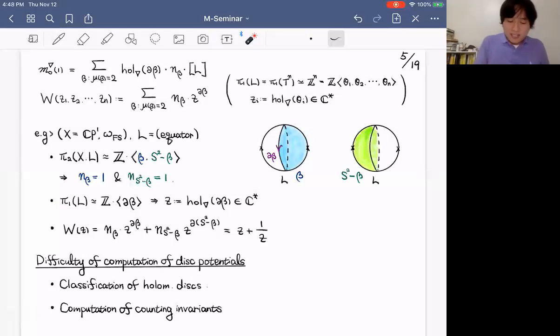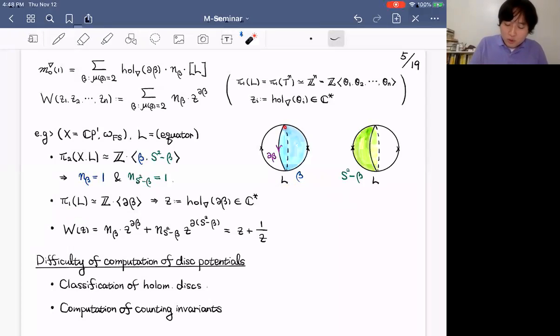Okay, so that's the definition of the superpotential we have. Let's look at an example of the calculation in the very basic example. CP1, we have the equator. We've already computed the counting invariant by the picture. Let's choose a basis for the fundamental group of L, in this case S1.